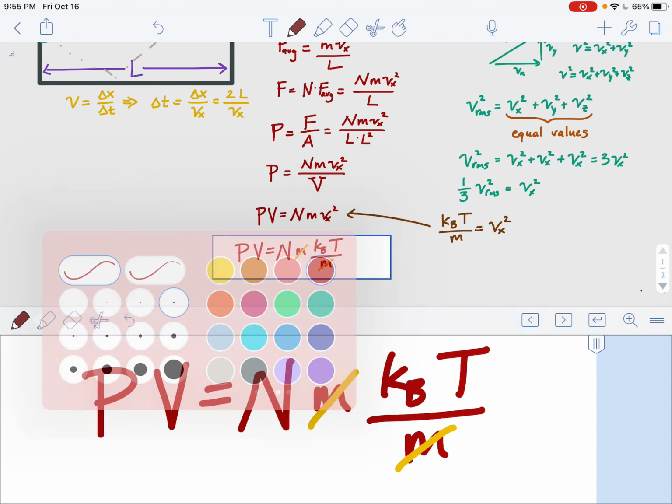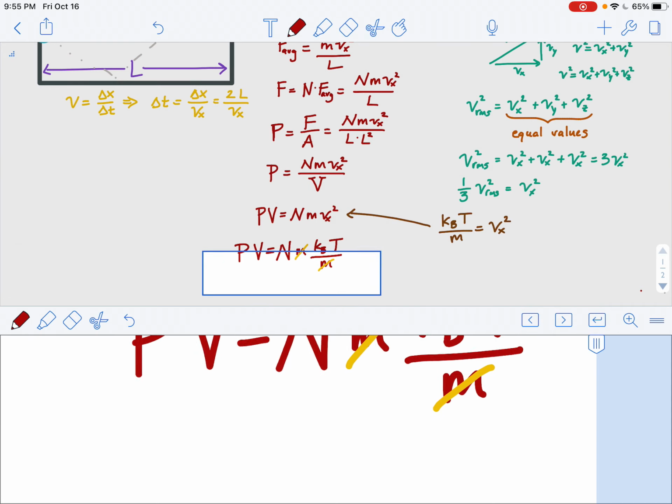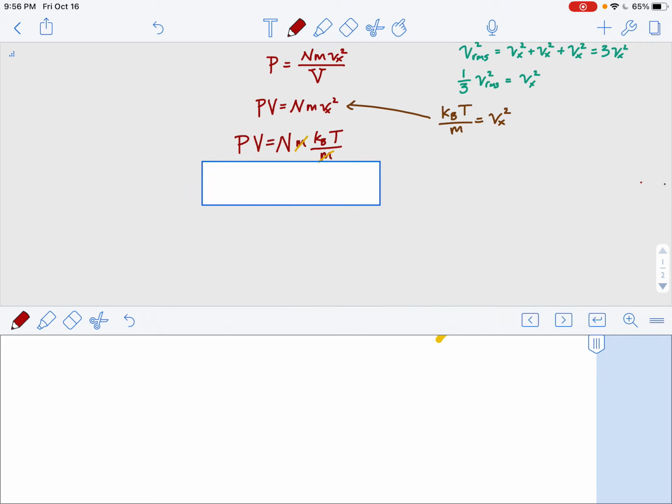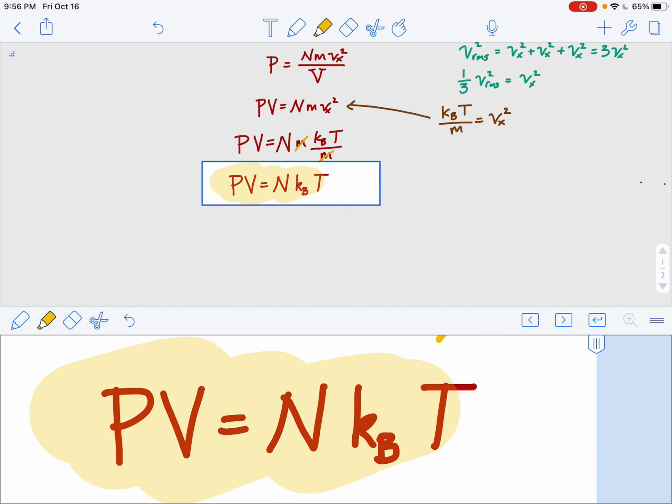It doesn't matter what gas I'm talking about, argon, helium, they cancel out. So I'm left with pressure multiplied by volume is equal to the number of particles multiplied by Boltzmann constant multiplied by the temperature. This is the ideal gas law right there. That's exactly it.